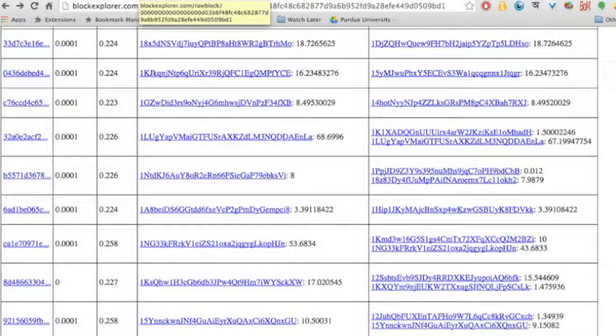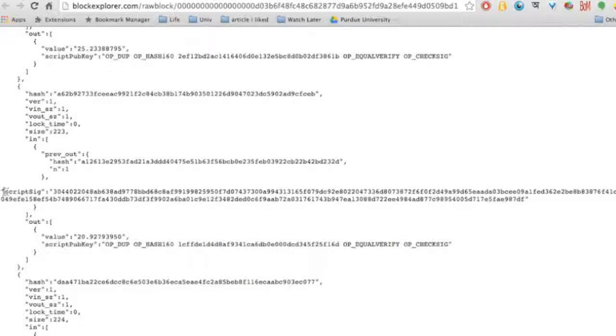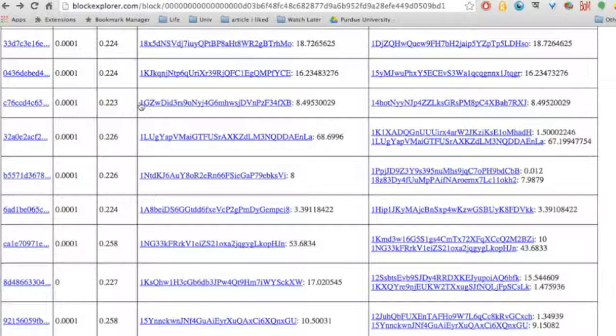Okay, and when I talk about public key cryptography, we'll talk deeply about it. The person who is capable of creating this script signature is the person who not only has the public key hash of the Bitcoin address, but also has the private key of it.